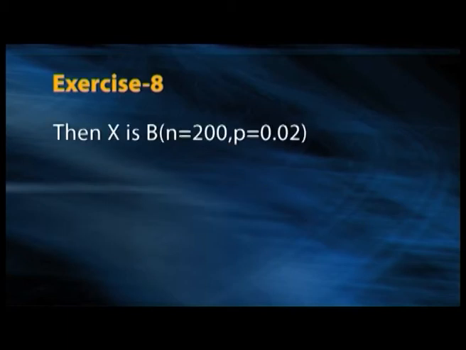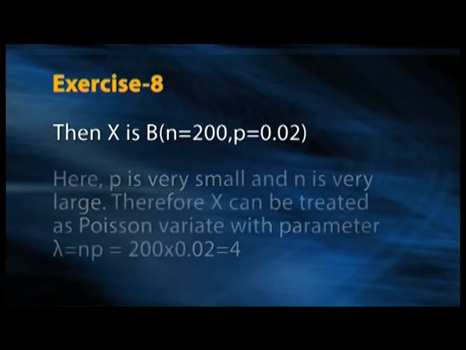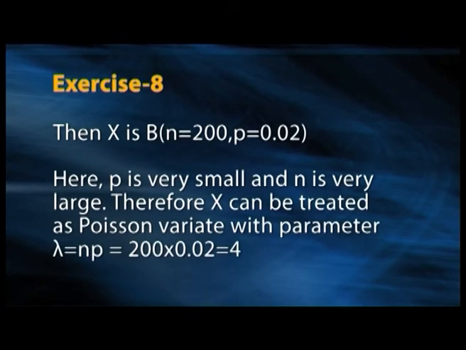Then x is a binomial variate with parameters n is equal to 200 and p is equal to 0.02. Here p is very small and n is very large. Therefore, x can be treated as Poisson variate with parameter lambda is equal to n into p is equal to 200 into 0.02 is equal to 4.